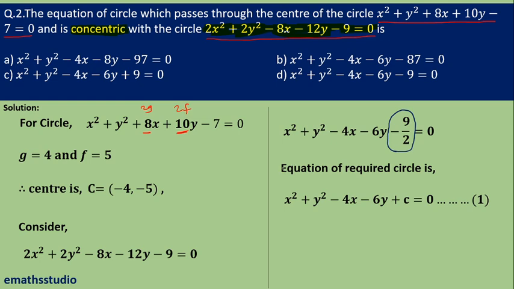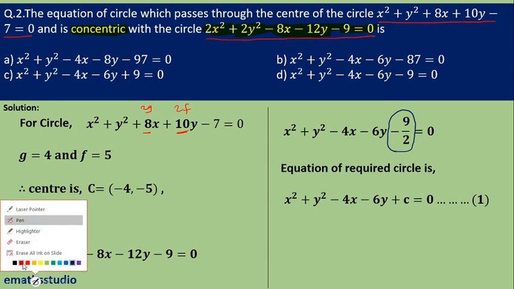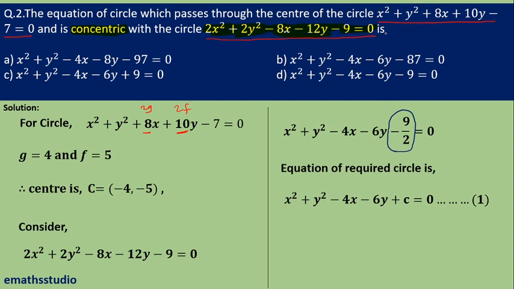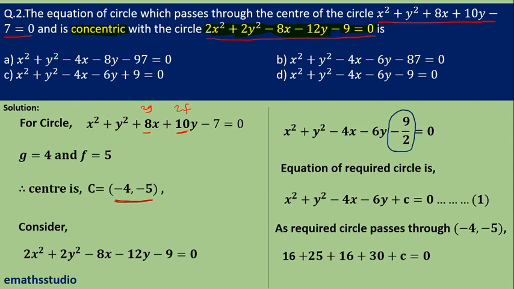Now how can I find c? For determining c, when I refer to the question, they have mentioned that the required circle is passing through the center of this first circle. Now what is the center of this circle? It is minus 4 comma minus 5. And the circle is passing through this point, so this point must satisfy the equation of the circle. So when I put this point in the equation of the circle, I can write 16 plus 25.